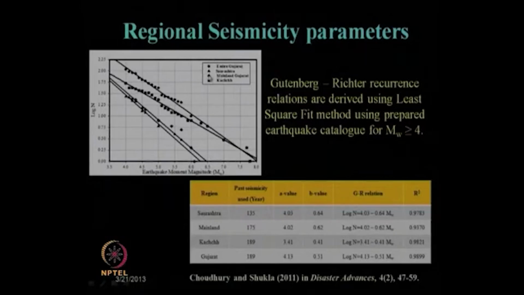That is what we want to see: what is the variation of the Gutenberg-Richter parameters for an individual region compared to the entire Gujarat region, and which region has more effect or influence on the entire Gujarat state's seismicity events or recurrence of earthquakes.